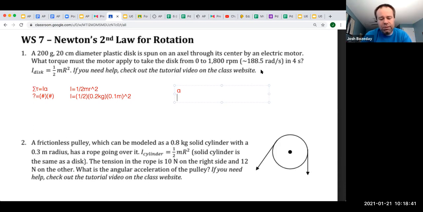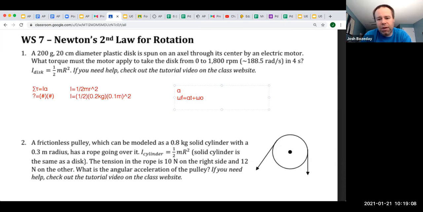So I'm familiar with the equation, and I know it's going to be omega final equals omega initial plus alpha t, or usually we write it like this: equals alpha t plus omega initial. So final rotational velocity equals the angular acceleration times time plus the initial angular velocity.